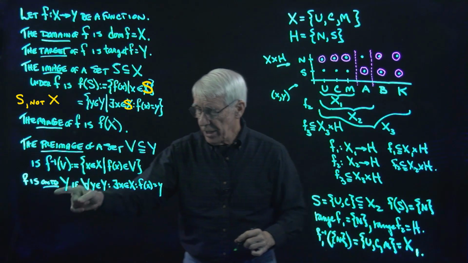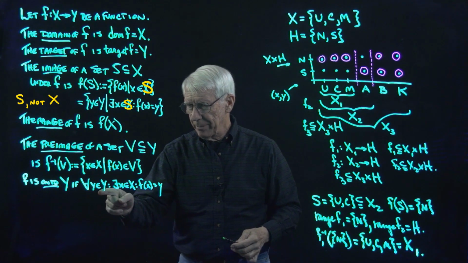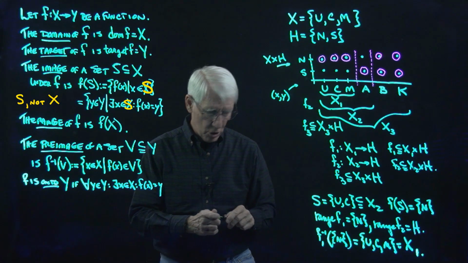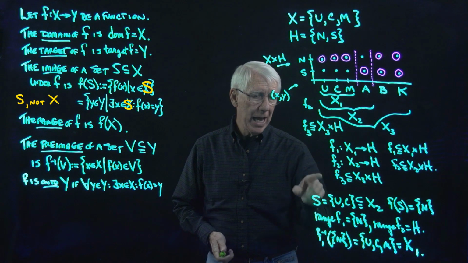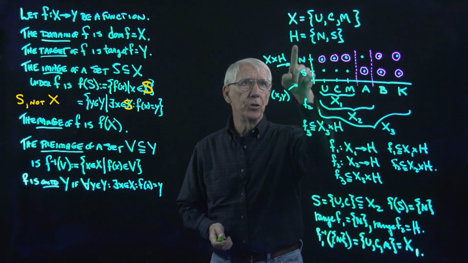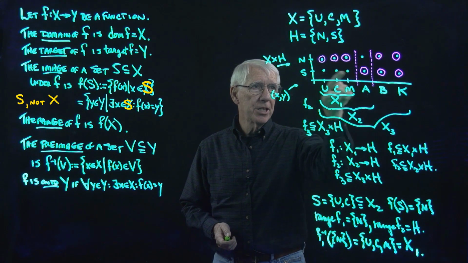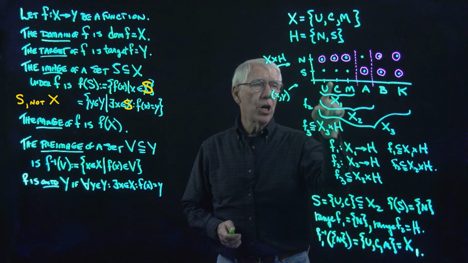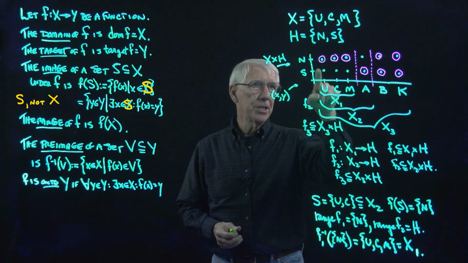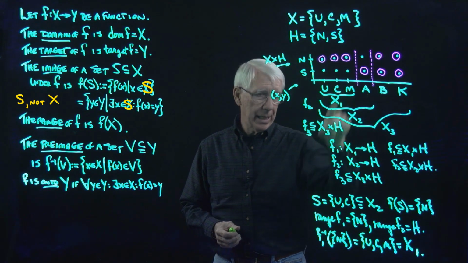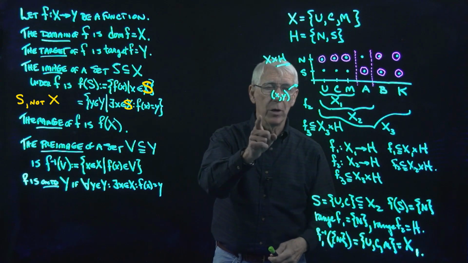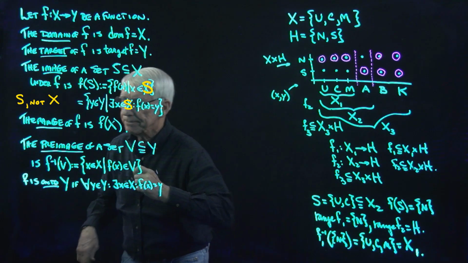So the function's onto if every element of y gets hit by the function f. And so, coming back over here, f1 is not onto h, because s does not get hit by f. f2 is onto h, because both n and s get hit by the function f2. And so f1 is not onto, f2 is onto.